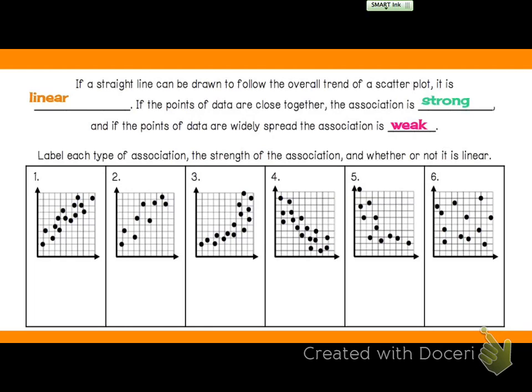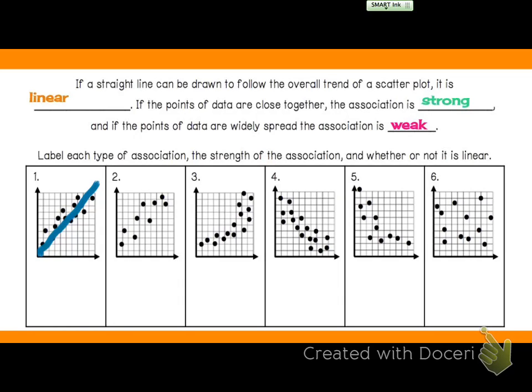So label each type of association, the strength of the association, and whether or not it is linear. So number 1, I could draw a straight line through this material. Okay? Granted, I can't draw a perfectly straight line, but I can draw a straight line, if you get my drift. So that means that this is a linear association.